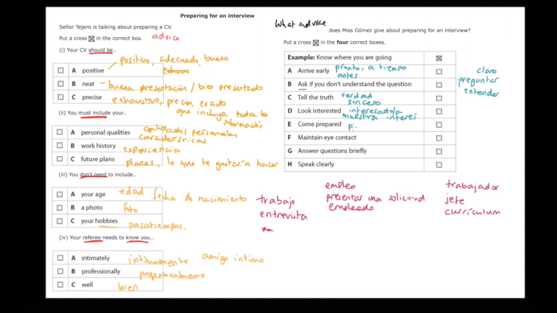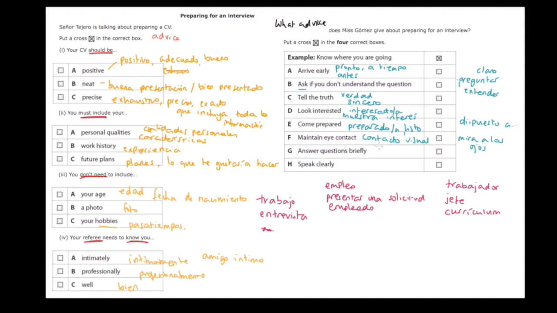Come prepared. So for prepared, we've got things like preparado or listo, but also things like dispuesto or dispuesta a, ready to do something. Maintain eye contact. So we could talk about contacto visual, but you may also hear things like mira a los ojos, look into someone's eyes, or mira a la cara.